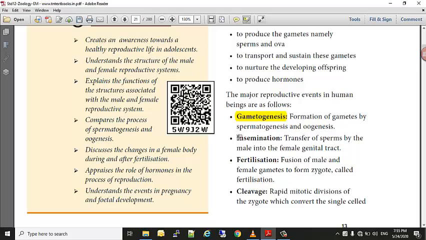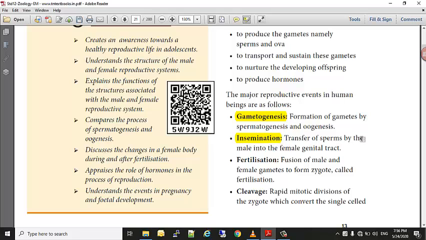Insemination. You would have studied pollination in flowers, isn't it? Pollination is the transfer of pollen onto the stigma. Similarly here, insemination is just like that. The male gamete is transferred into the female genital tract.